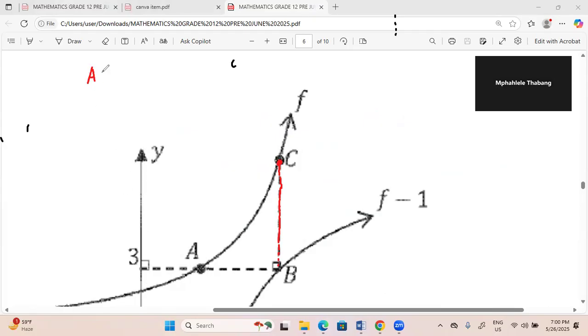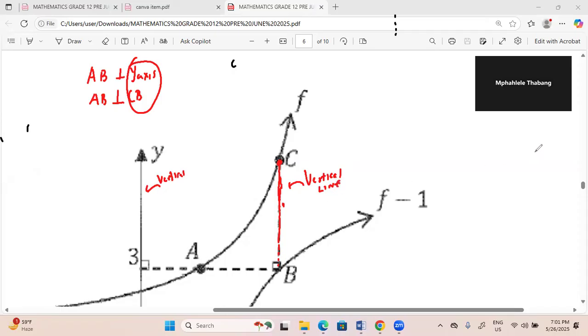Now CB is also perpendicular to AB. This means that the y-axis and CB are parallel. So because CB is parallel to the y-axis, which we know is a vertical line, it means that CB is also a vertical line.